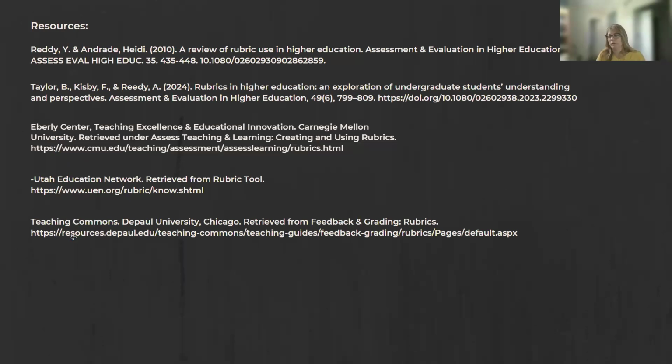You can refer to those and they give you a guide, and they're each different, like the Carnegie Mellon one, the University of Utah, and DePaul. They all provide information on rubrics, but with a different format for each of those.